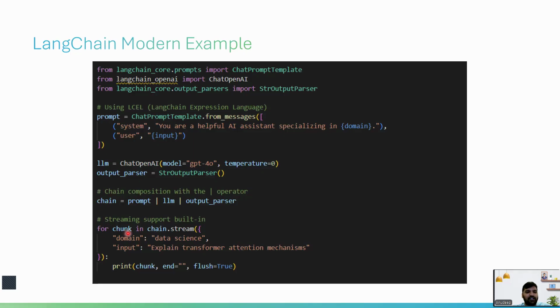For each chunk in that chain that we are streaming, when I say the domain is data science and I input explain transformer attention mechanisms, we print the chunk with end equal to empty and flush equal to True, as in print everything that is there. This gives us the output coming from the LLM in string format. So this is an example of LangChain. Now let's talk about Hugging Face.